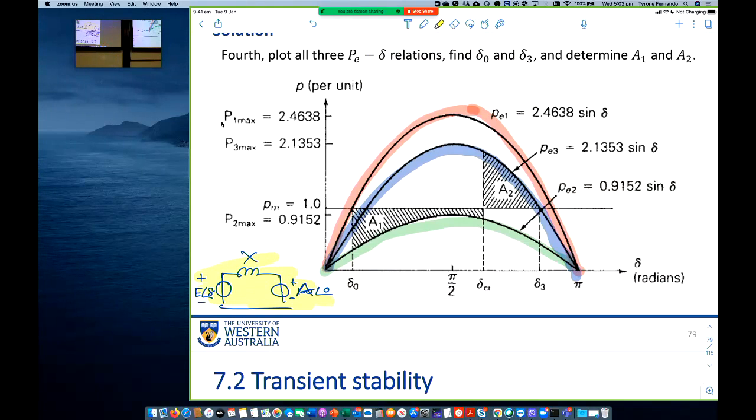So we have the red color before the fault, green color during the fault, blue color after the fault. Okay? So before the fault, this is the operating point here. Okay? And a fault occurs.